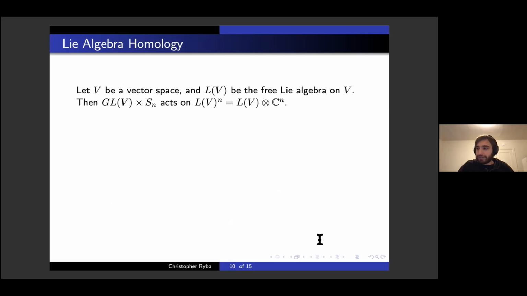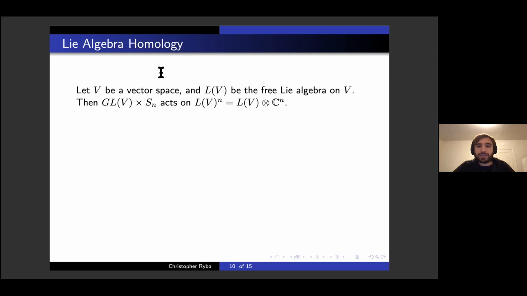So now I want to take the talk in a slightly different direction, and we'll link up with that a bit later. This is also the part where I introduce a second vector space into the equation. So here, V is going to be a vector space, and it's going to be different from C to the n.